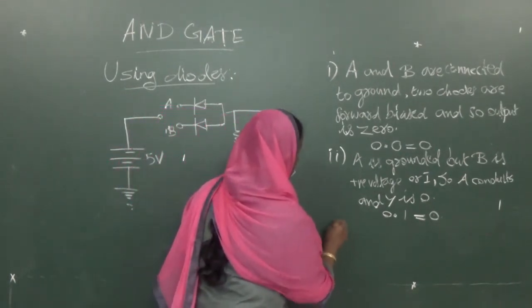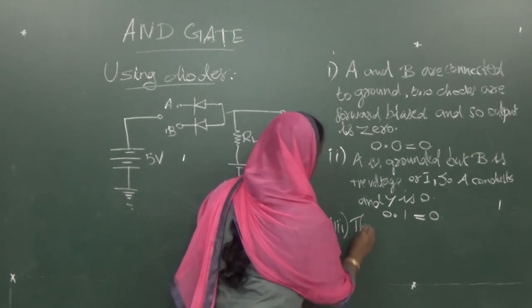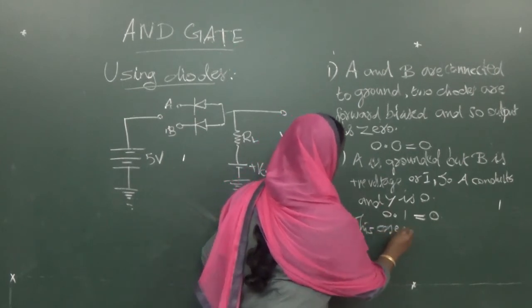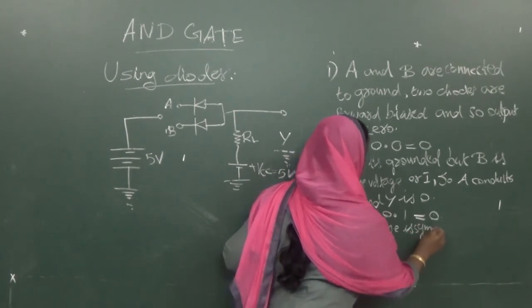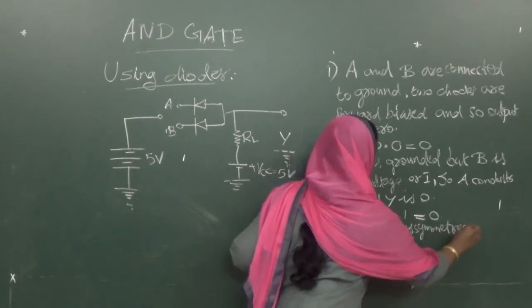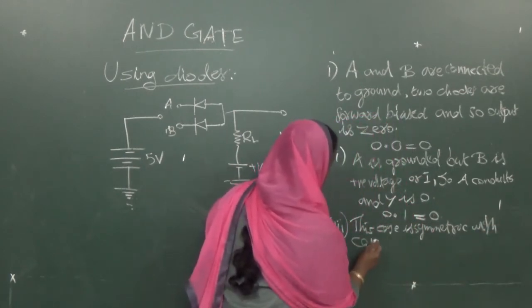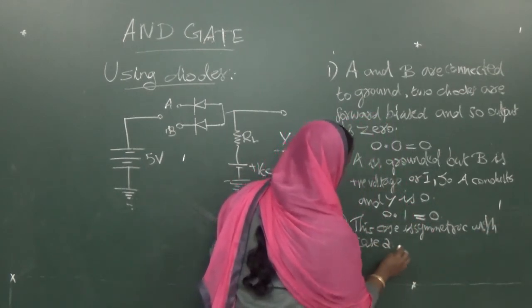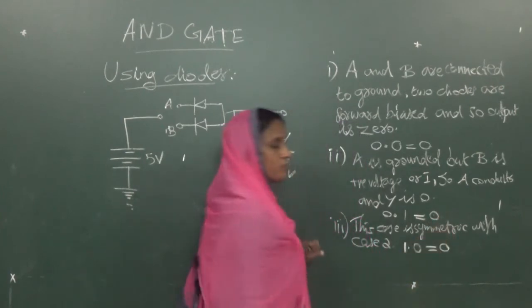This case is symmetric with case 2. So 1 and 0 equals 0.